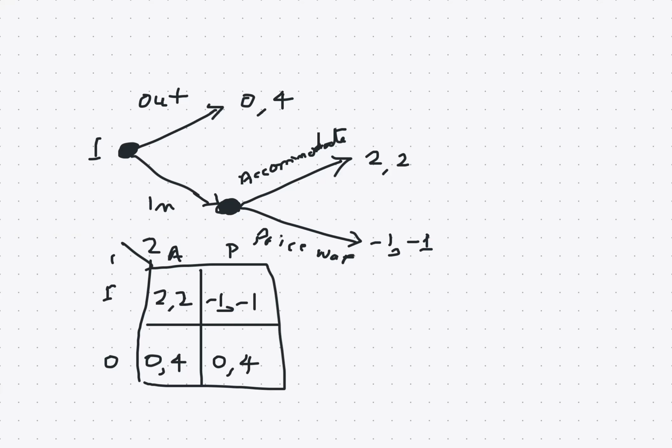Firm one is the potential entrant, so let's write it down, potential entrant. And firm two is the incumbent firm.